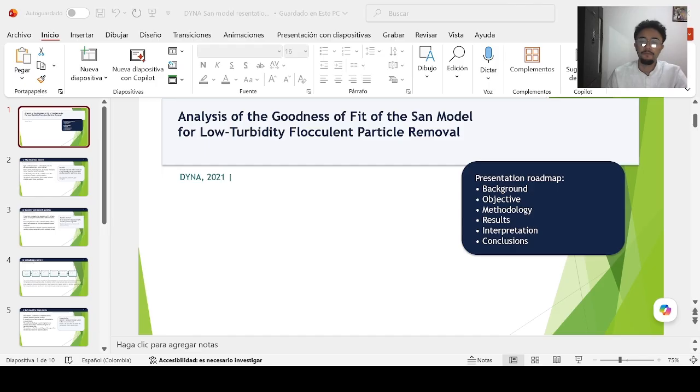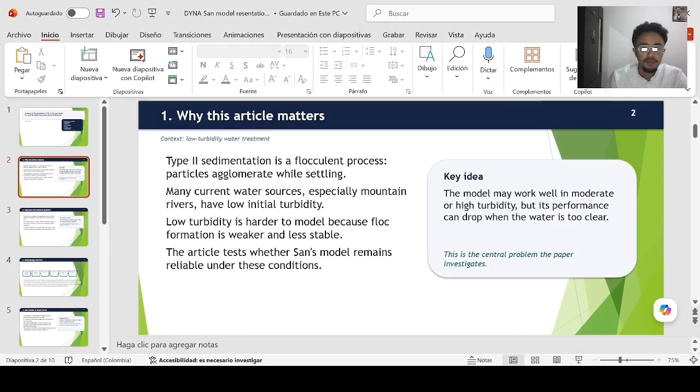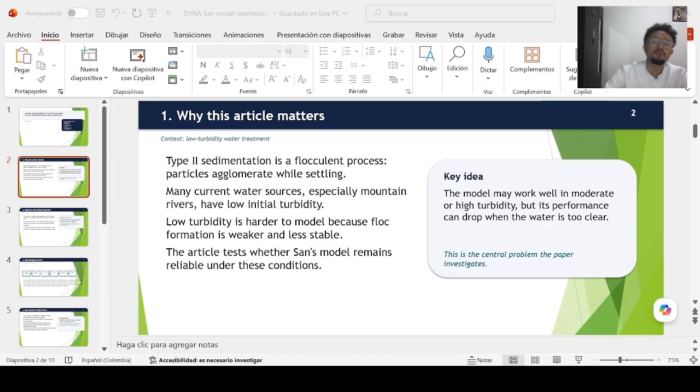Now first, why this article matters. This article is important because water treatment plants often recycle water with low turbidity, especially in mountainous regions. Under those conditions, flocculation and sedimentation behave differently, and the removal of particles becomes harder to predict.